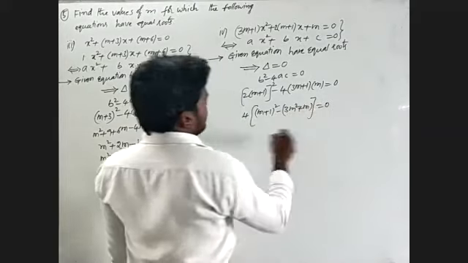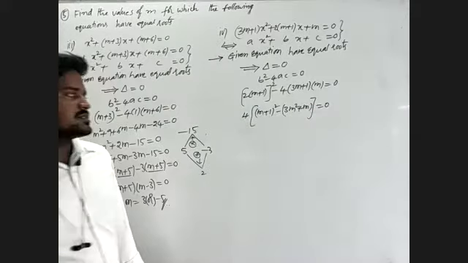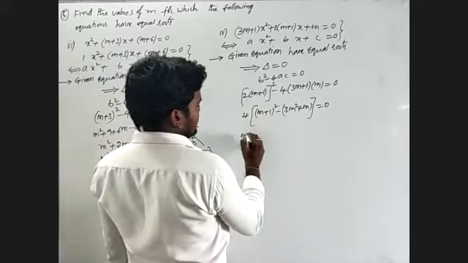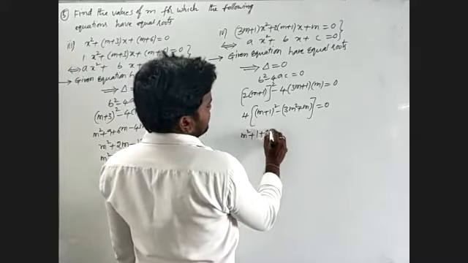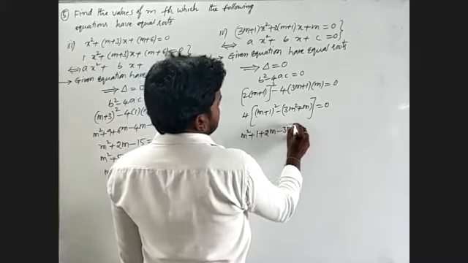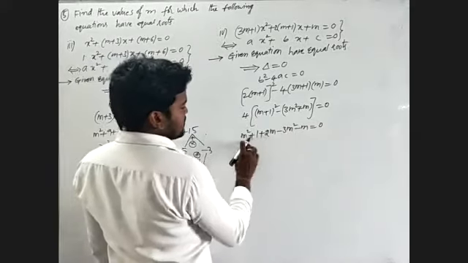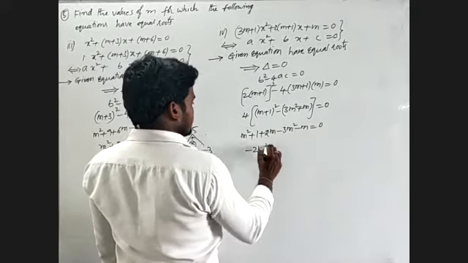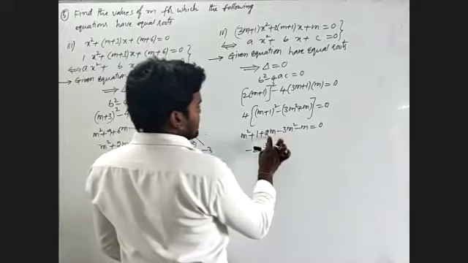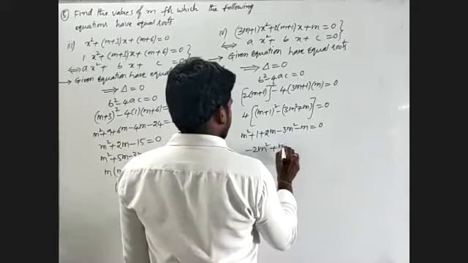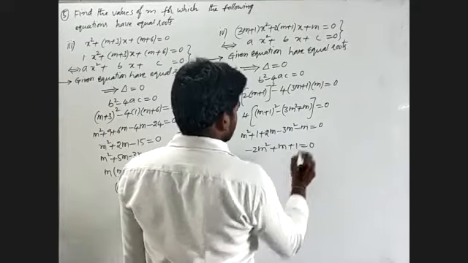The 4 goes to the other side, which is also 0. Expanding, m square plus 1 plus 2m minus 3m square minus m is equal to 0. Minus 3m square plus m square is minus 2m square, plus 2m minus m is plus m, and then plus 1 equal to 0.